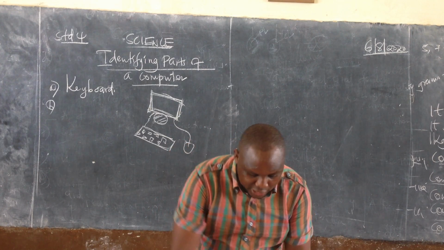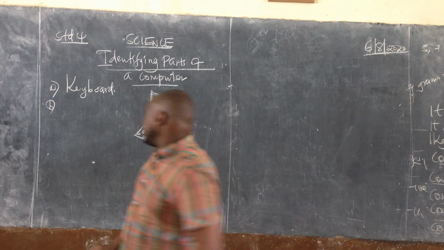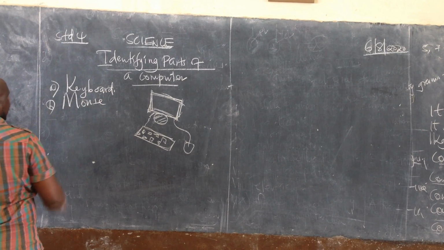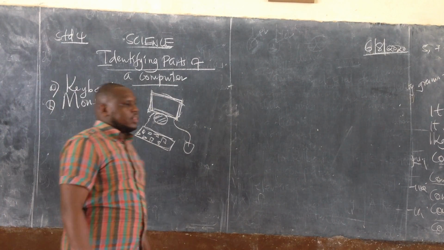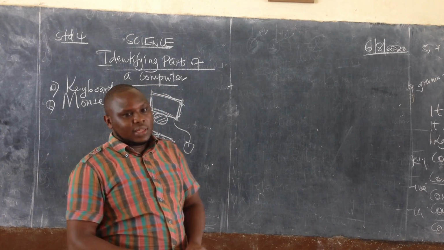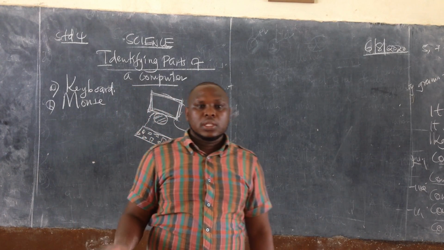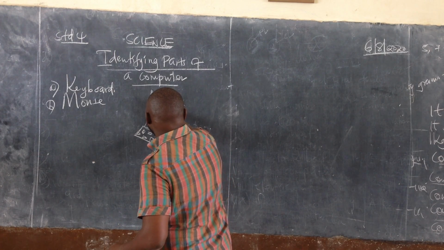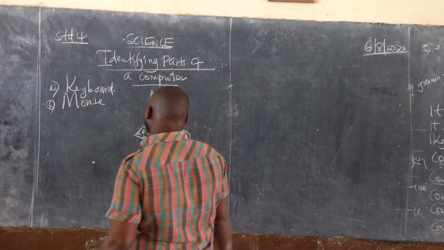Number two, you're going to identify the mouse. A mouse is not the one that lives in the forest. A mouse is the one that you use to control the cursor. There's a point that you see on the screen, an arrow. That arrow is what we call a cursor.